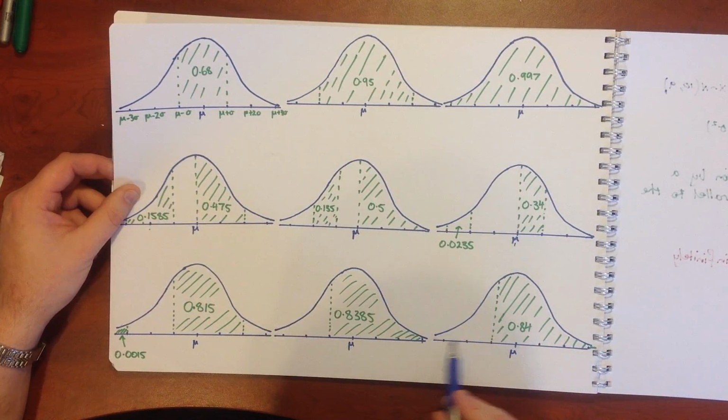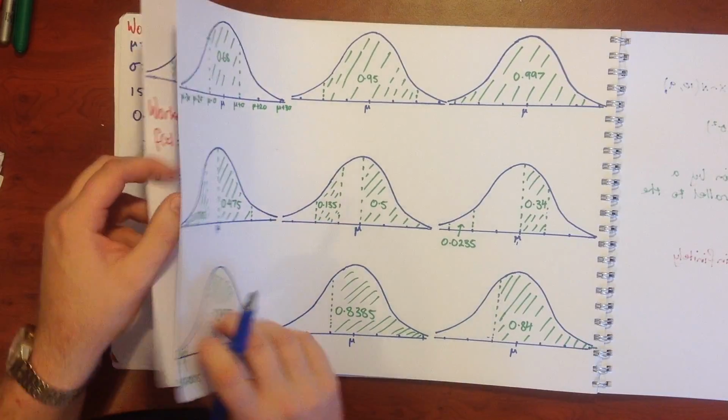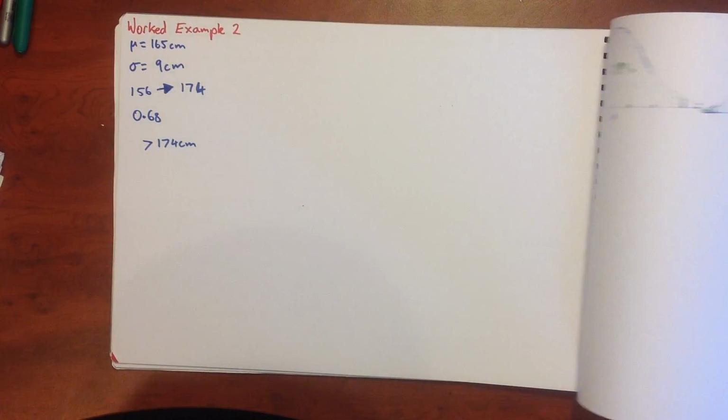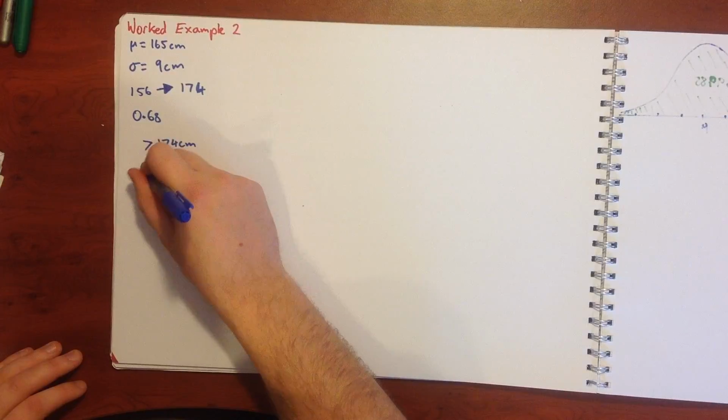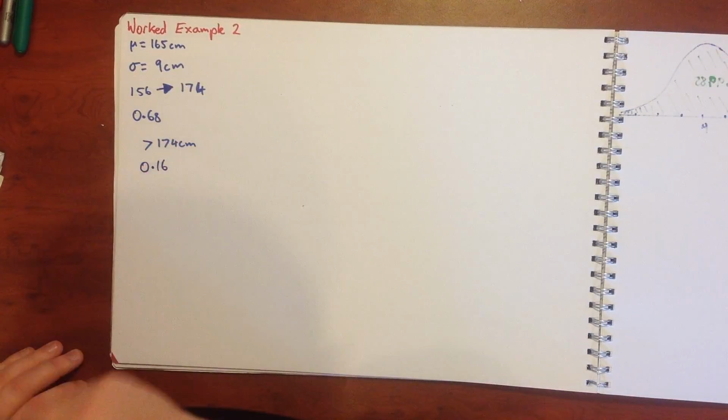We want to be on this side, so it would have to be 0.16 for anything above that. So our chance is 0.16.